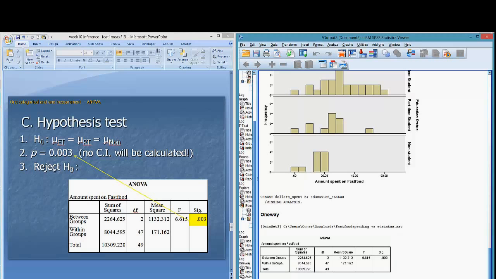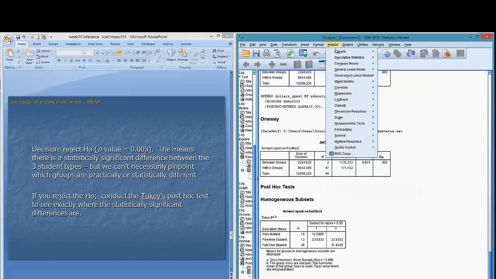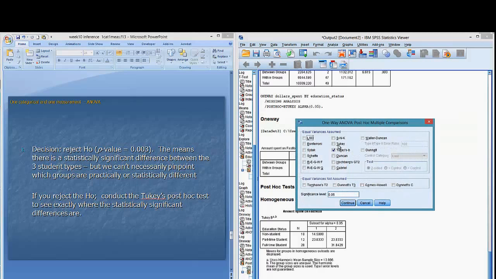Now once we reject the null hypothesis, so we have the low p-value, confidence intervals for the differences between each of the means. Remember there are 3 groups, sometimes there'll be 4 or 5, so that gets too large. So we don't calculate the confidence intervals for those. Once you reject, what we do is conduct this Tukey post-hoc test. So let's go to that. Sorry, compare means, one-way ANOVA, post-hoc, Tukey, no, Tukey's b.